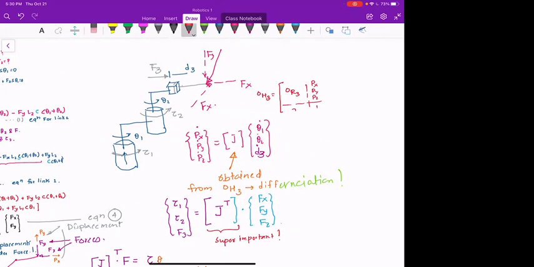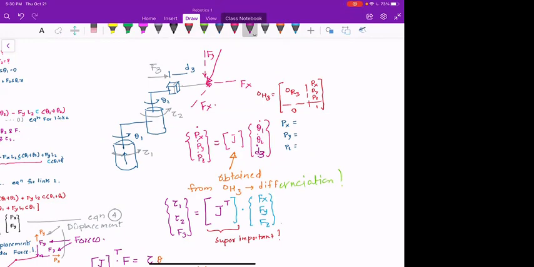You're going to have 1, and you're going to have 0 here. Now, what you will do with that is you will obtain equations for Px, Py, Pz. And with this, you can find out the Jacobian.